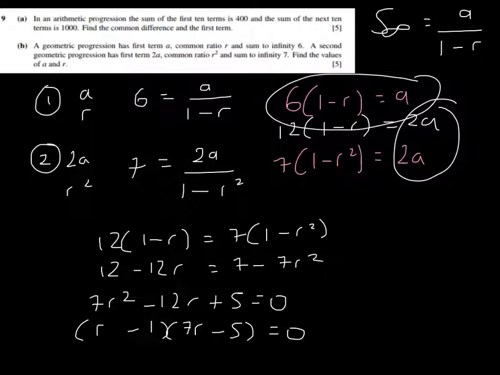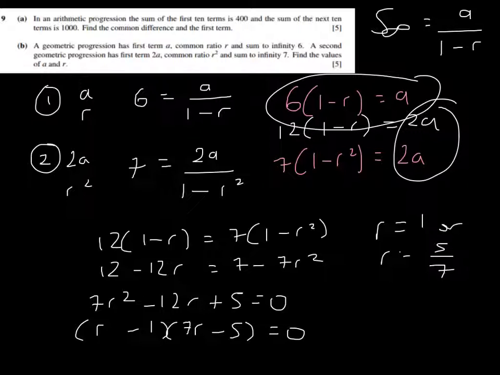If you do a really quick check, R times 7R is 7R squared, R times -5 is -5R, 7R times -1 is -7R, so that together is -12R, and -1 times -5 is 5. So we're done, nearly. That means that R equals 1, or R equals 5/7.